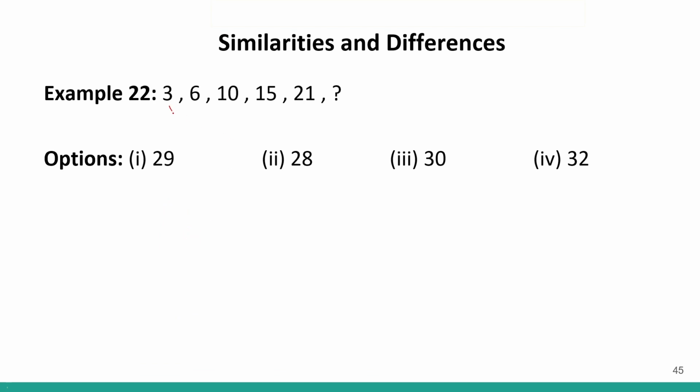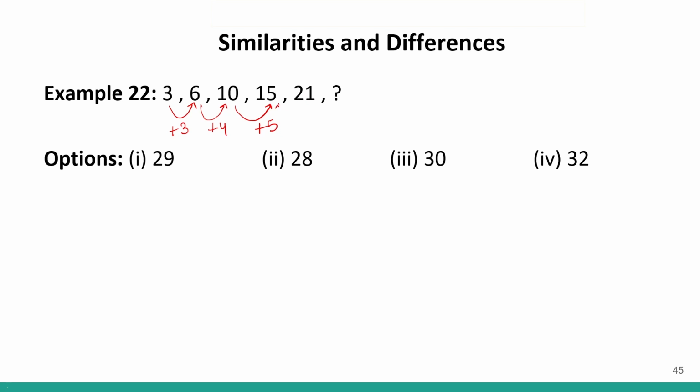Now, over here I can see if from 3 to 6, that means we are adding 3. If from 6 to 10 we are going, that means we are adding 4. Similarly, from 10 to 15 we are adding 5.